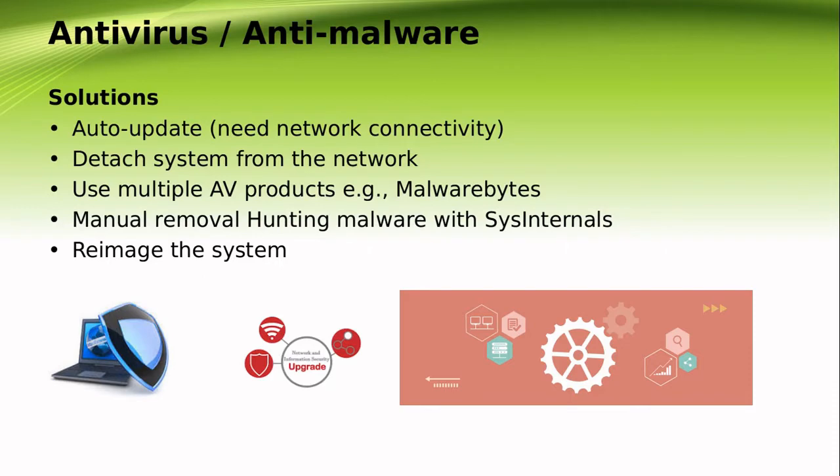You must always be connected to the internet to get auto updates, so make sure the internet connection is okay. If there is any problem, the first step is to reinstall, or else contact your antivirus provider. Also detach systems from the network and use multiple AV products, for example Malwarebytes, manual removal, and hunting malware with the system's internal tools. We will talk about that.